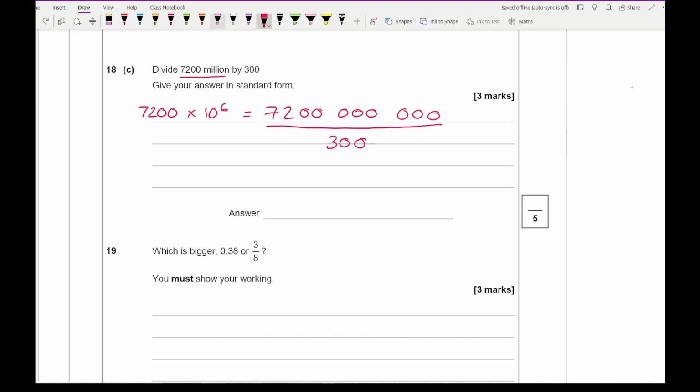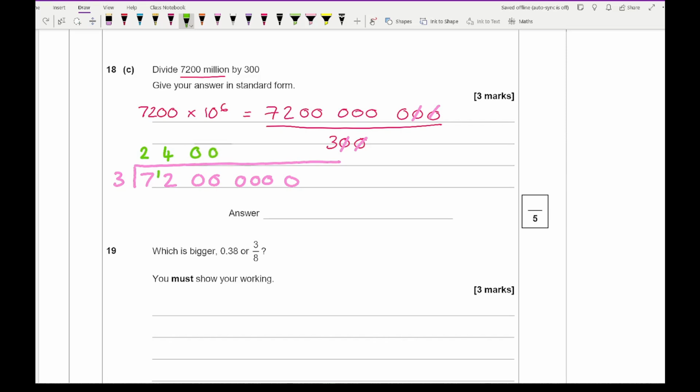So from here, if I cancel out the zeros, 0 from the top, 0 from the bottom, I'm left with this number. Then if I do some division, I've got 3 divided into 7200, and just be careful, you're going to include all the zeros, like so. Then I'm just going to do the division. 3 goes into 7 twice with a remainder 1. 3 goes into 12 4 times with no remainder.